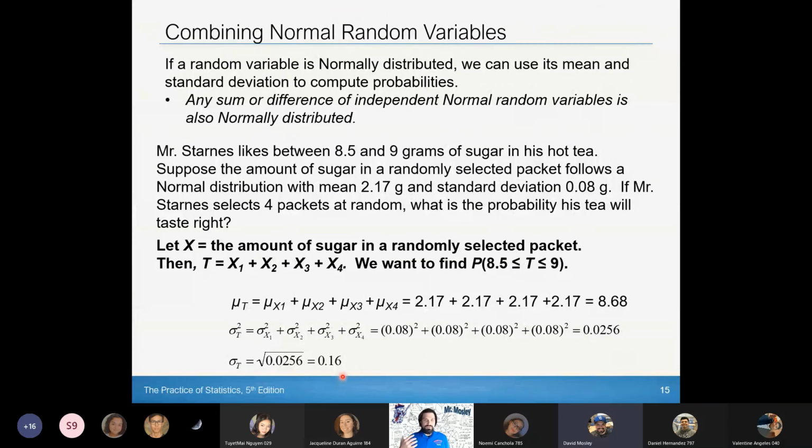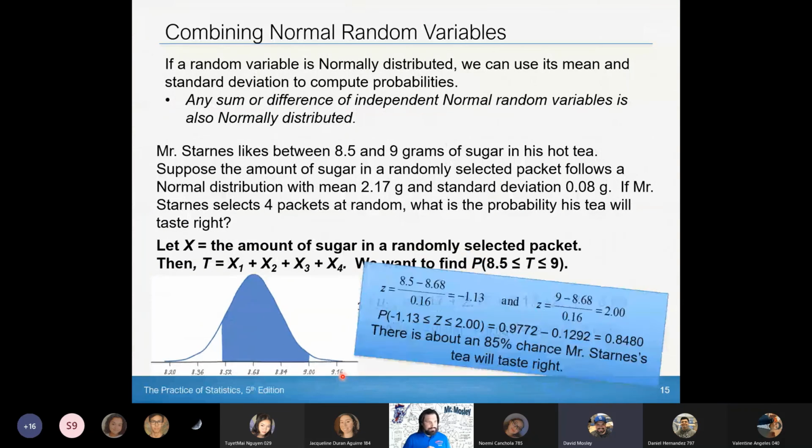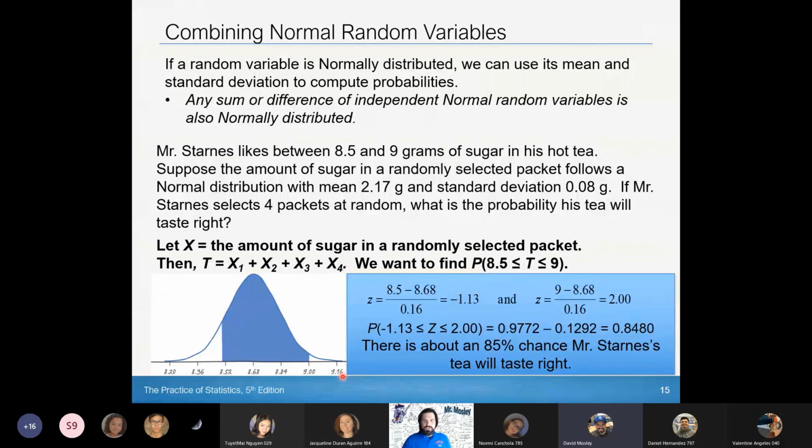So now we get to use standardizing the score and Table A to determine the probability. We have our illustration here showing what the distribution looks like and the area under the curve that we want, between 8.5 and 9.